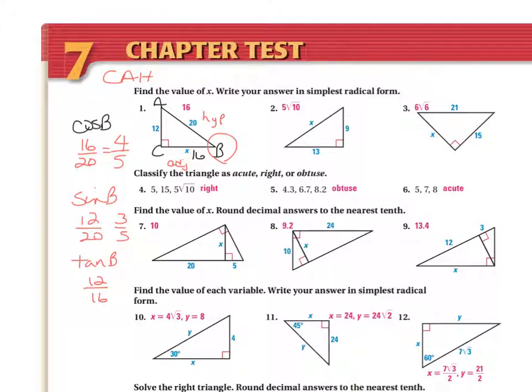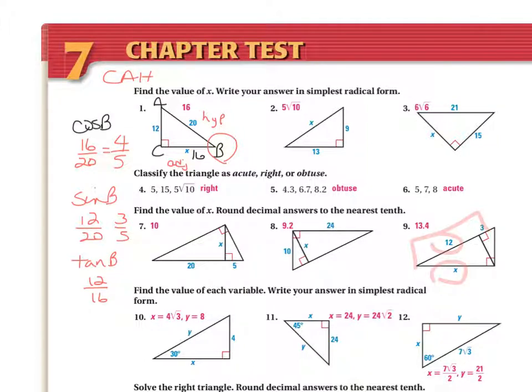All right? You will also have questions like 7, 8, and 9, where you're either missing the altitude, missing a leg, missing a segment, or missing the hypotenuse. Okay, so this was on the quiz. It was 7-3. So this is where we had all of those two proportions that we learned.